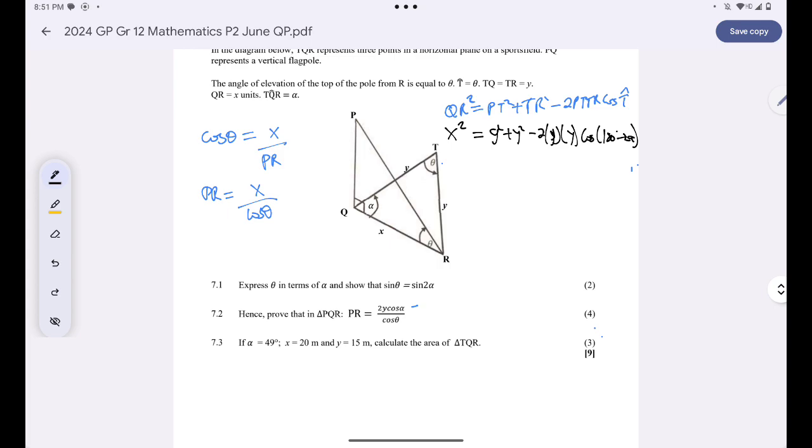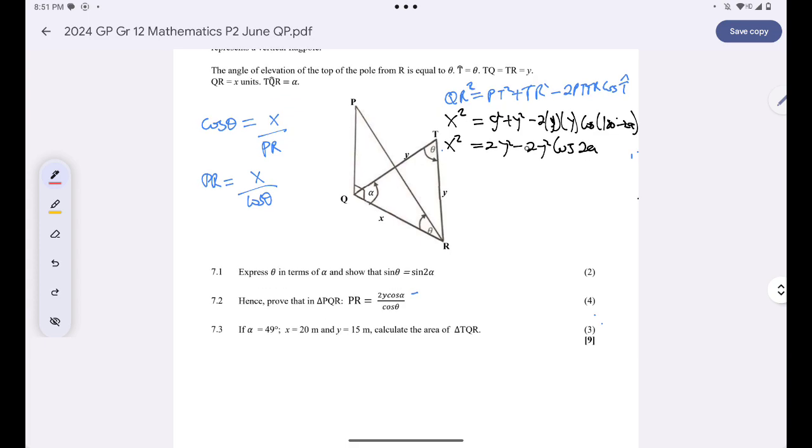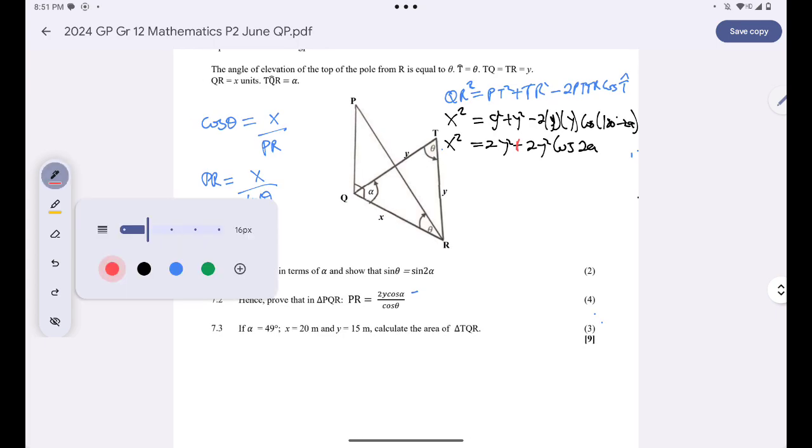Alright, so we'll have x squared is equal to 2y squared minus 2y squared and the cos of 2a. 180 minus is at the second quadrant and cos there is negative, so that negative cos will affect this guy to be a plus. Alright, together. So this simply means that x squared is equal to, I can take out a common factor of y squared there.